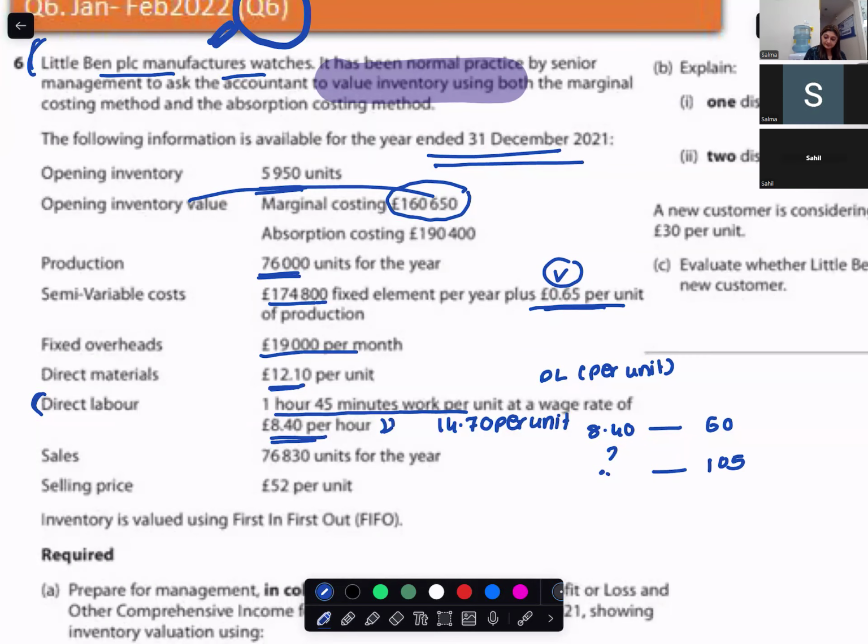Could you repeat that, miss? For 60 minutes, labor is paid 8.40. For 105 minutes, which I am going to use to make 1 unit, how much will my labor be paid? Cross multiply, 8.4 into 105 divided by 60.